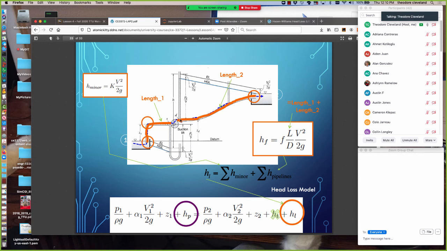So this first pipe and the second pipe would be the pipeline head losses. And then we'd have to add in the minor losses if we are choosing to consider them. And the minor losses here would be a loss associated with the inlet at this location, this bend. We usually don't consider losses across a pump because the pump is adding energy. And then we have an exit loss here. We would add those three plus these two for the total loss model that goes into this orange circle in the energy equation.